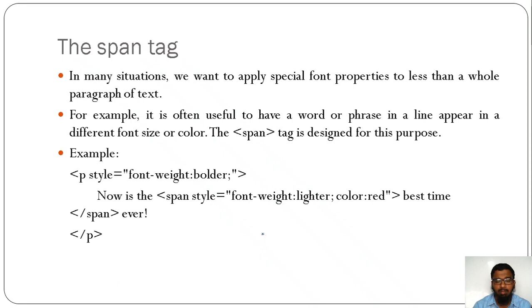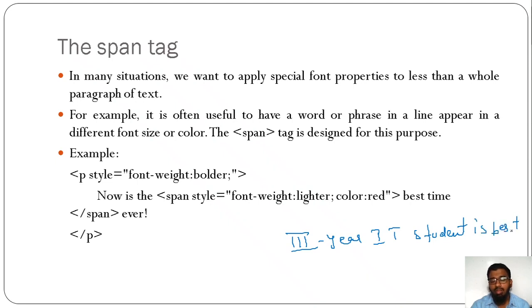For example, if I want to highlight something from the content, like "third year IT student is good, is best," I want to highlight the word best in a different color.